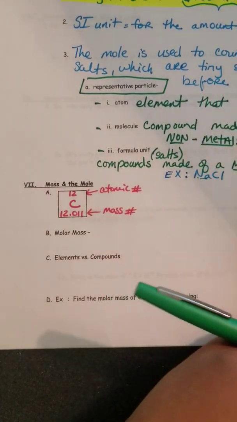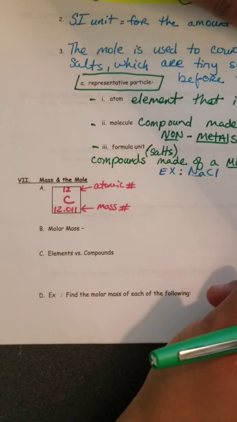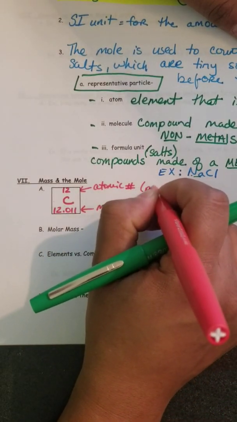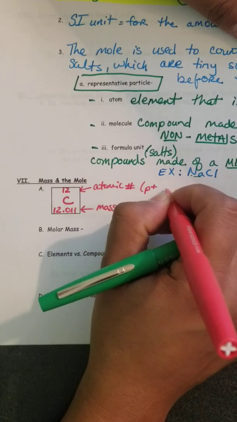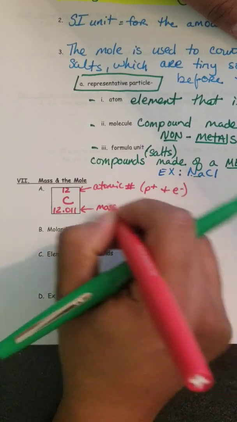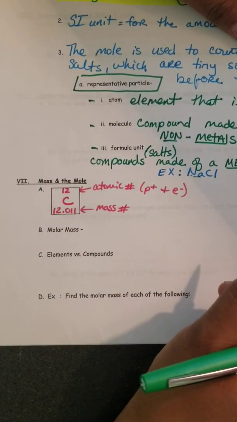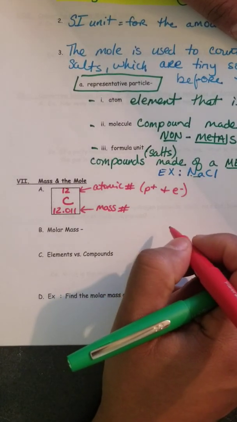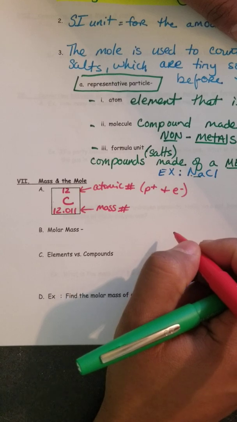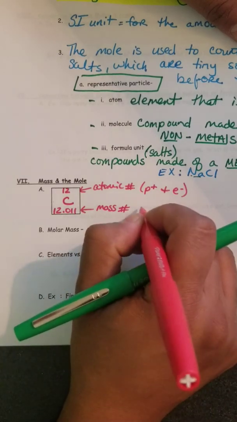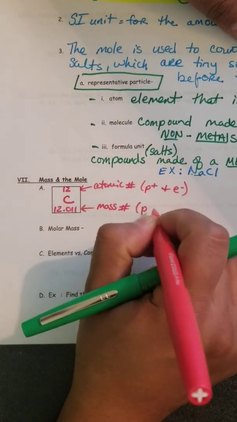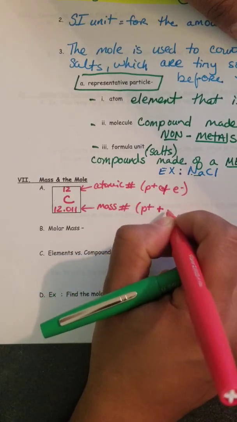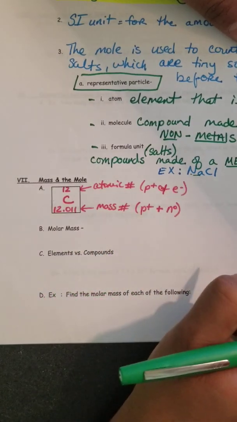Now, as a quick reference, just to refresh what we talked about, the atomic number is the proton number and electron number. It's the same, right? Because they're considered to be electrically neutral. The mass number is the mass of the protons plus neutrons.